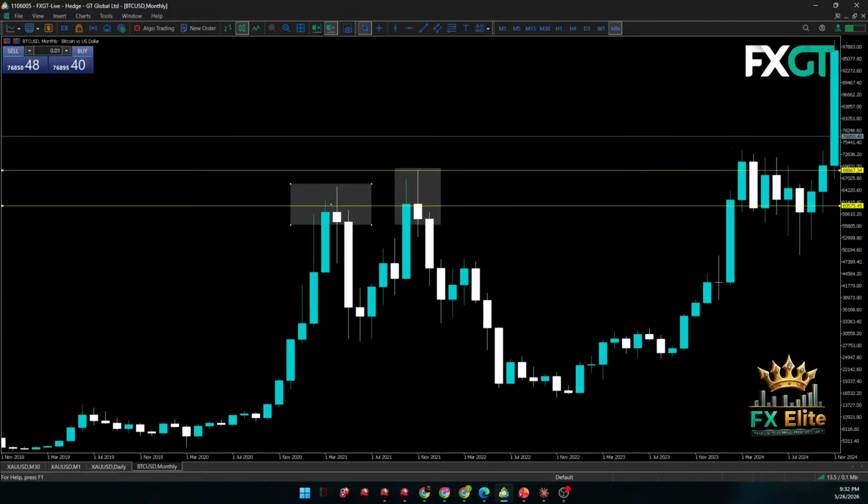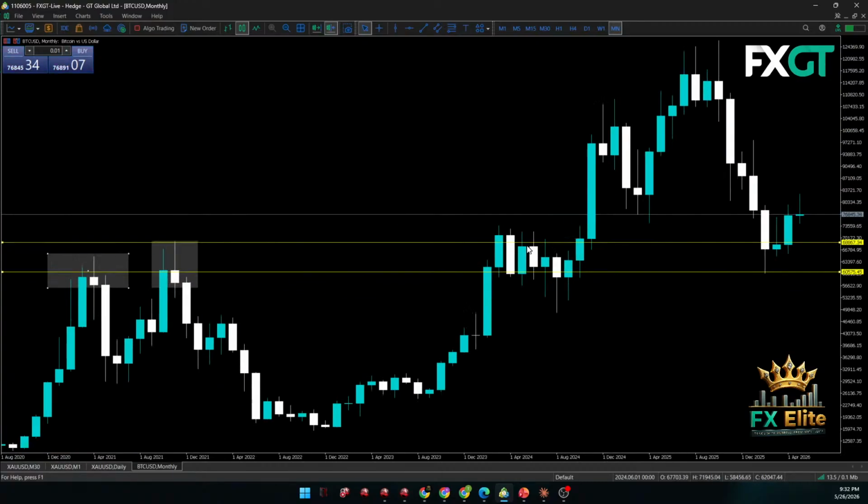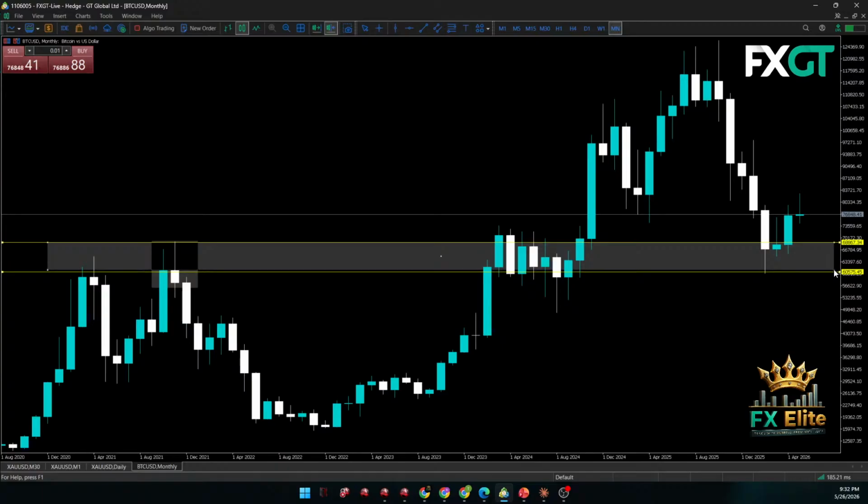It breaks the highest point over here, and then after it breaks, it retested the area before going back up. So this is what we call an SNR flip. Basically, this zone used to be resistance, and after the breakout, it becomes a support.